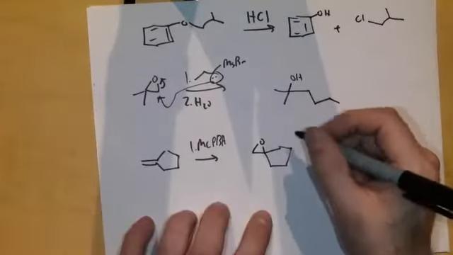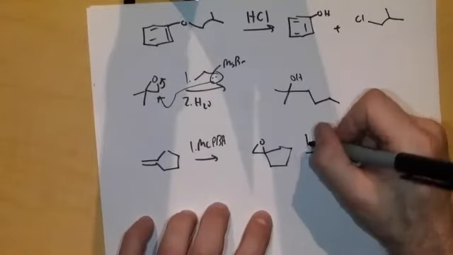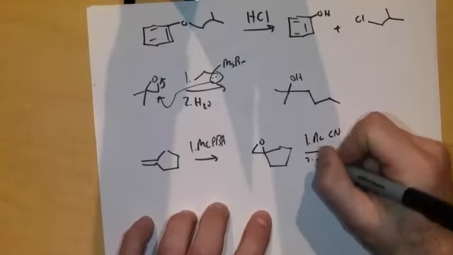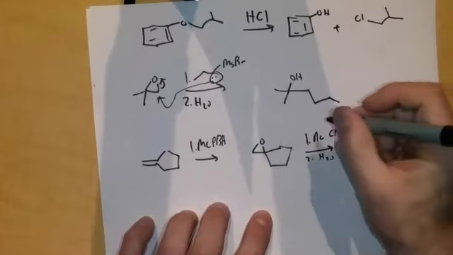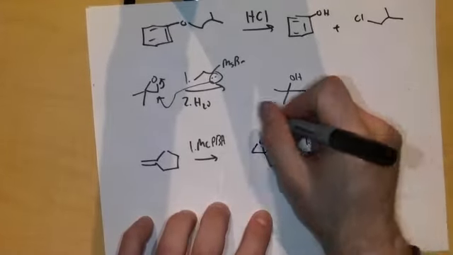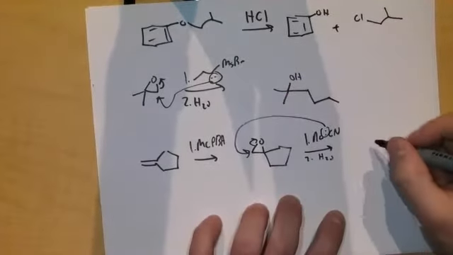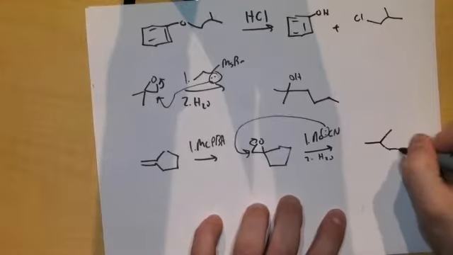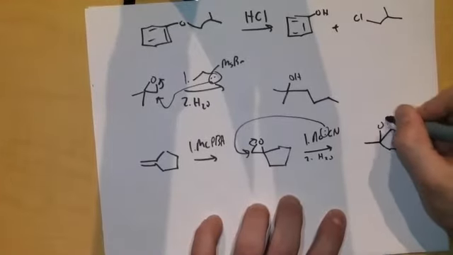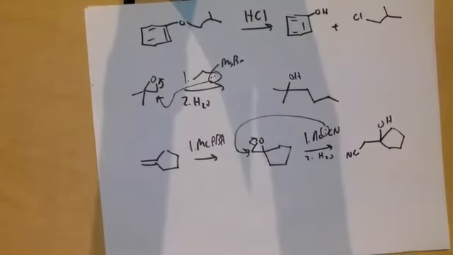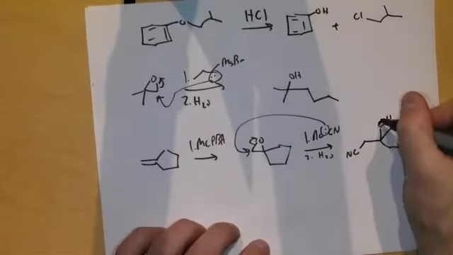And then our next step, we're going to come in with NaCN, which is again aprotic. So our CN can attack at our more substituted center. And give us this alcohol.